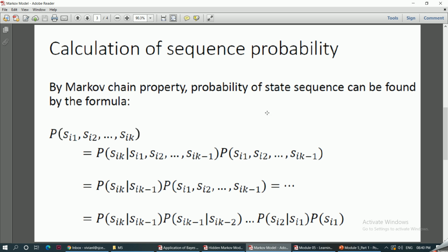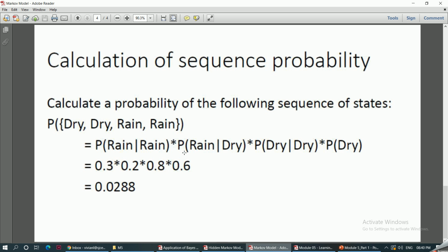The probability of a state sequence is found by this formula, where a particular event occurs depending upon the previous events. Now calculate the probability of the following sequence: dry, rain and rain. How do we find this?